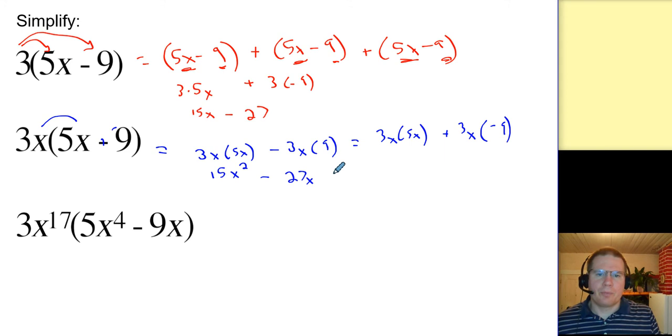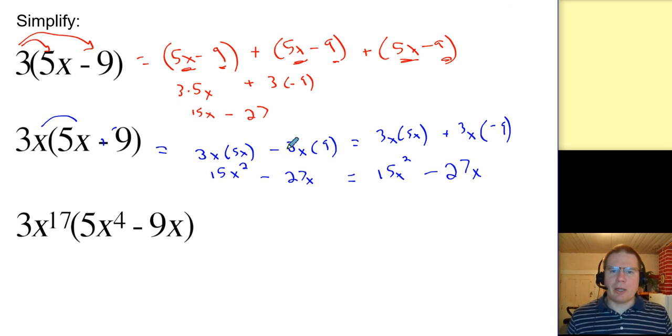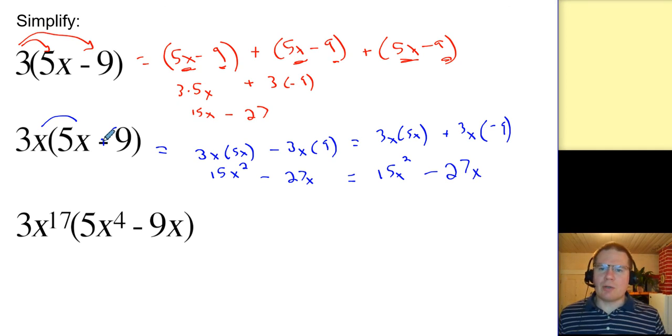There we go. Right? 3 times 5 is 15. Plus negative 27. Plus negative 27 is the same as minus 27 times an x. Right? Whether we keep the minus as a minus or think of it as a negative, it's doing the same thing here. Right?